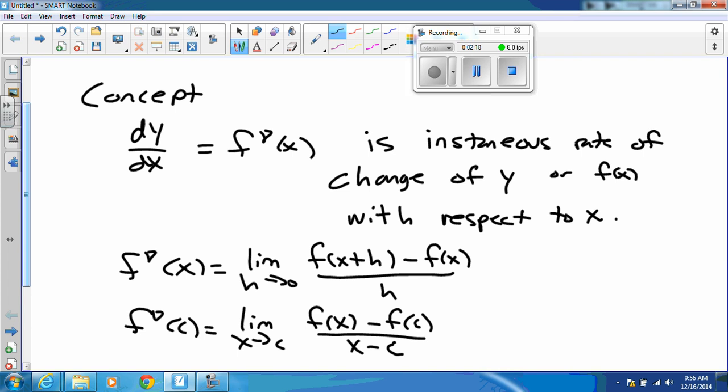What makes both of these the derivative is that it is a change in y over a change in x as the denominator goes to 0. Notice in both of these that the denominator is going to 0. And that's what makes it instantaneous.